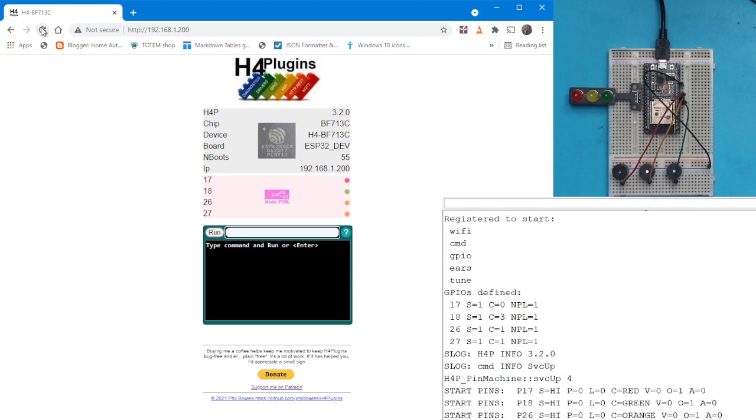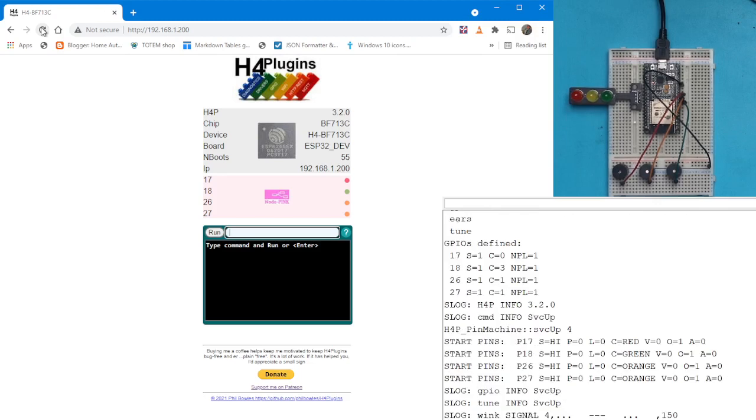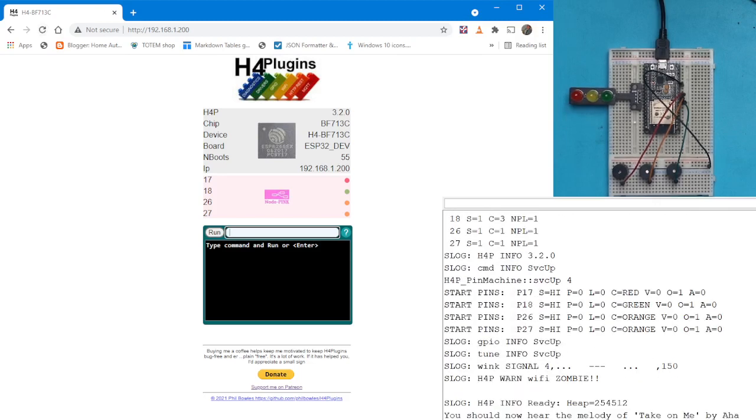No, crash. Right, I'm just going to pause there.